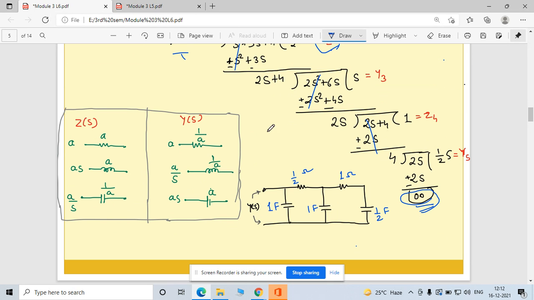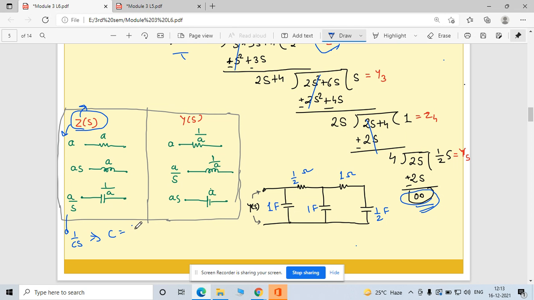Now I also explained this in the Laplace domain, the S domain. Resistance is indicated by a value, right? And this is its indication in your circuit. Here A represents your resistance, and AS is nothing but your LS, so the L value is A. A by S is your 1 by CS, so what is the value of C here?